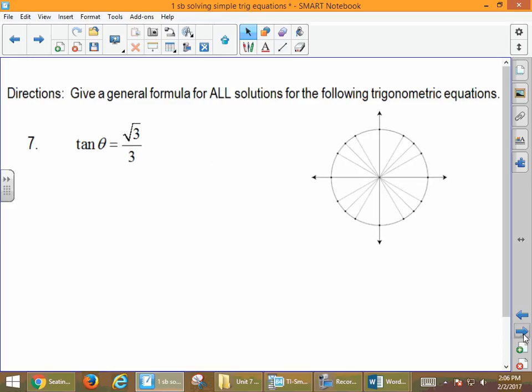And what we're looking at is still the same things, working backwards here. So we look at this and we say, well, tangent of theta equals radical 3 over 3. So what angles have a value of radical 3 over 3 on the unit circle?